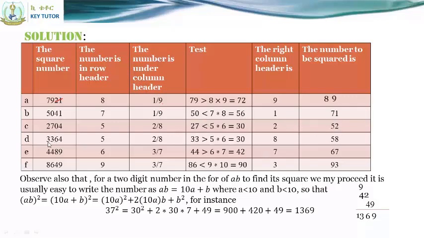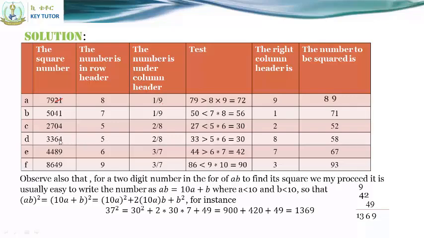Now, let us take 3,364. In the case of 3,364, the last digit is 4. The number exists in the row of 5. As it ends in 4, either it exists in the column of 2 or 8, but we want to determine which, because as it exists in the row 5, we take 5 first, the tens digit becomes 5, and now we want to determine the units digit, is it 2 or 8?